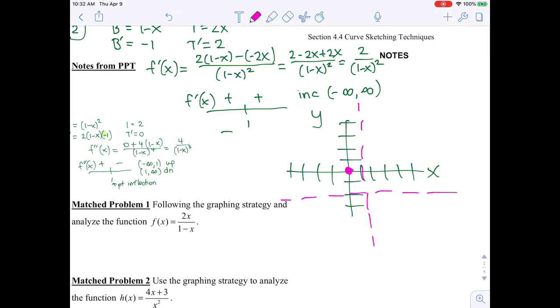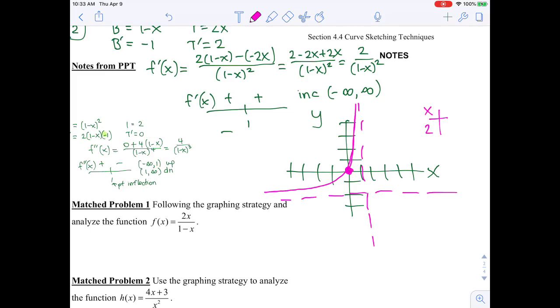Now, I know that it is up and increasing, and it's down and decreasing on the other side of 1. So let's just plot a point on the other side of 1.